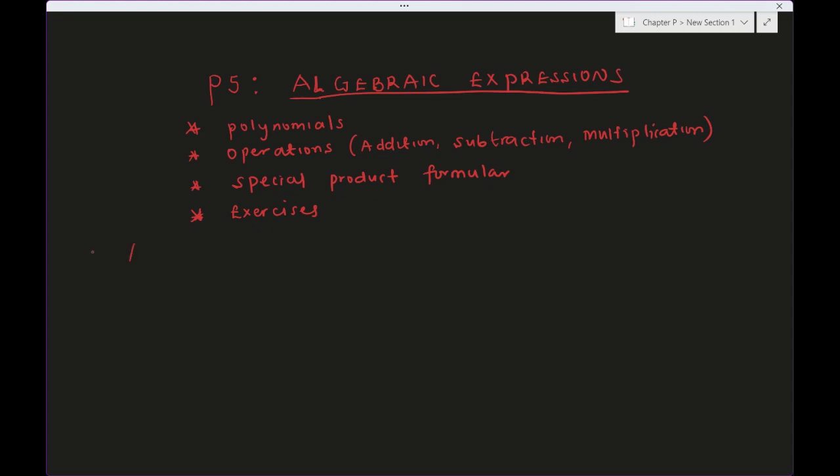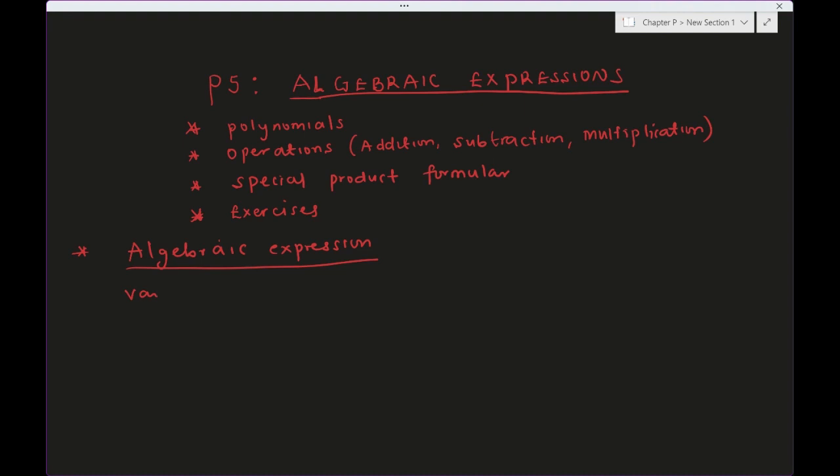So let's talk about an algebraic expression. Now, before we talk about this one, we need to know, let's say we have a variable.